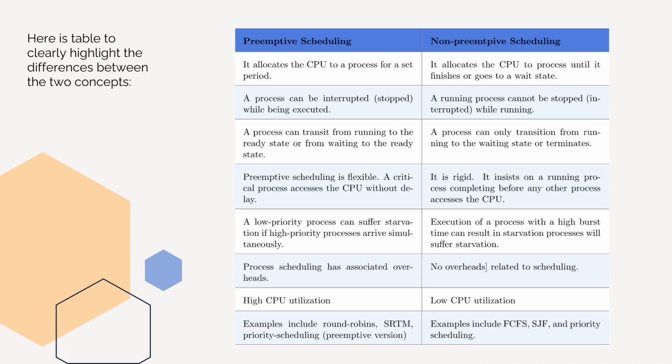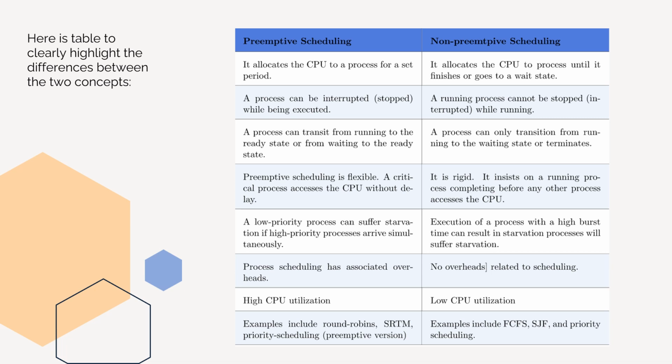In primitive scheduling a process can be interrupted, stopped while being executed, but in non-primitive scheduling, a running process cannot be stopped or interrupted while running. In primitive scheduling, a process can transition from running to the ready state or from waiting to the ready state. But in non-primitive scheduling, a process can only transition from running to the waiting state or terminate.